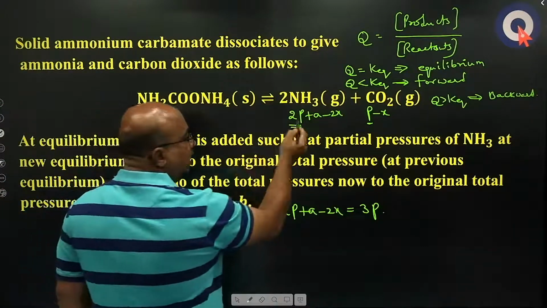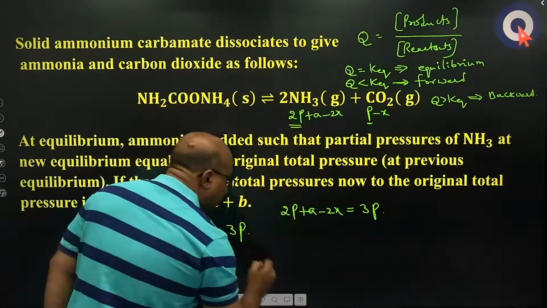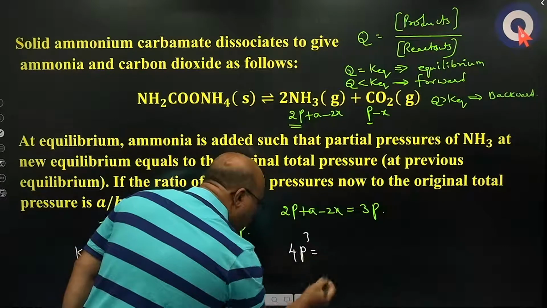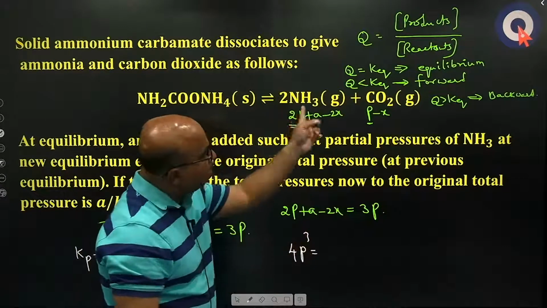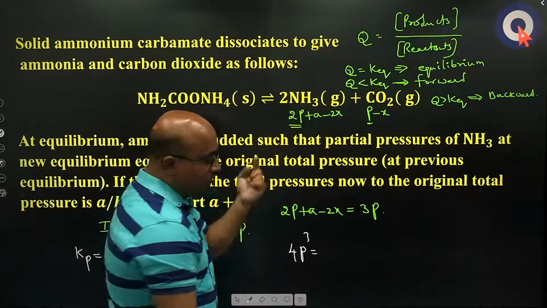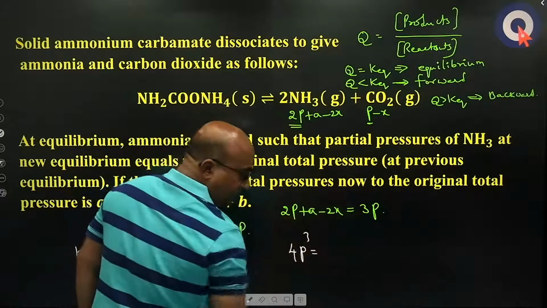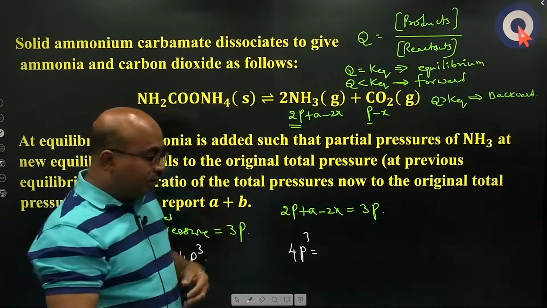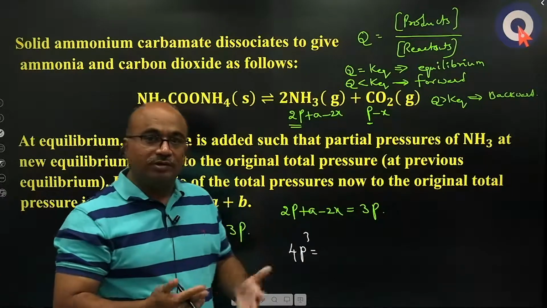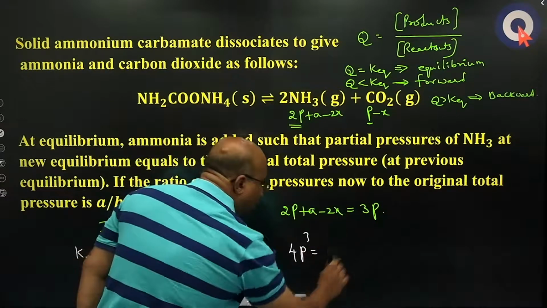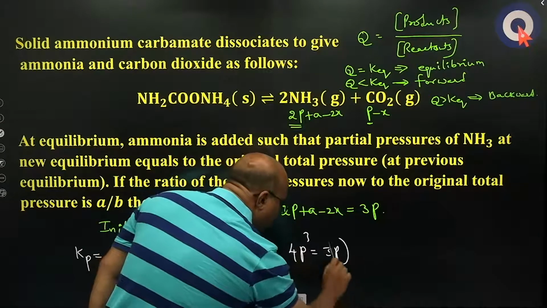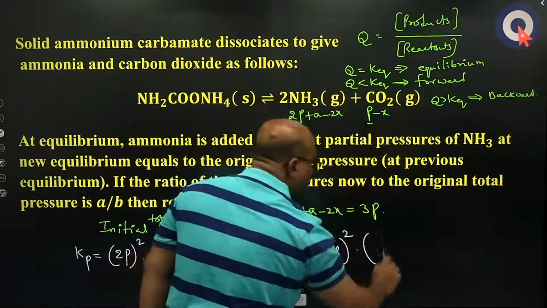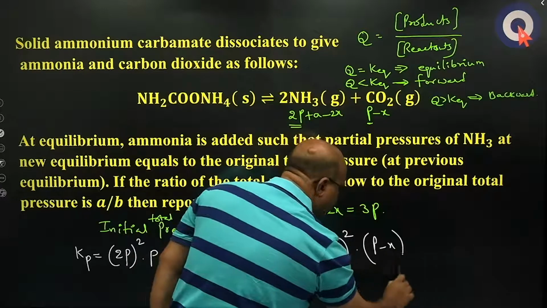So at the new situation, Kp, that is 4p cubed, should be equal to the partial pressure of ammonia squared, which we are saying is 3p, because there are so many variables and it is difficult to obtain all of them. So this is now 3p to the power of 2 into the partial pressure of carbon dioxide, that is p minus x.